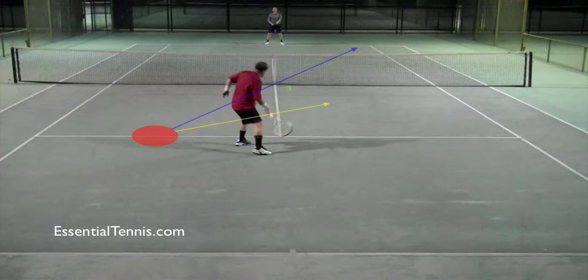This is as opposed to if he hit his approach shot down the line, let's say to this spot, in which case he would have only had to have moved to about here to be in the right spot. So you can see that by approaching cross court, he gives himself a much greater distance to have to cover in order to adequately cover the angles that are possible on the court.